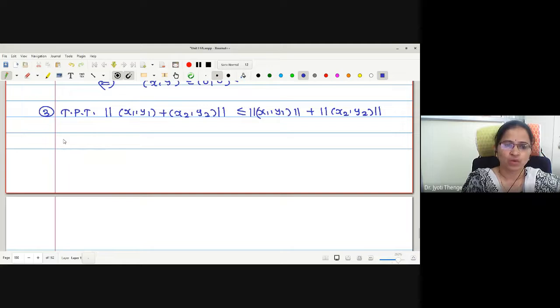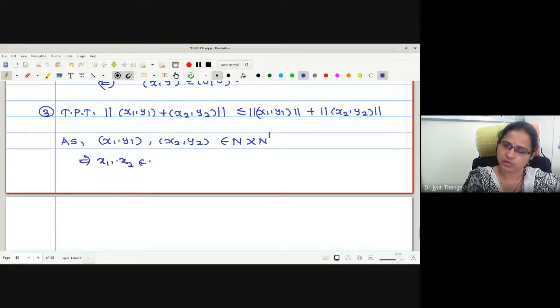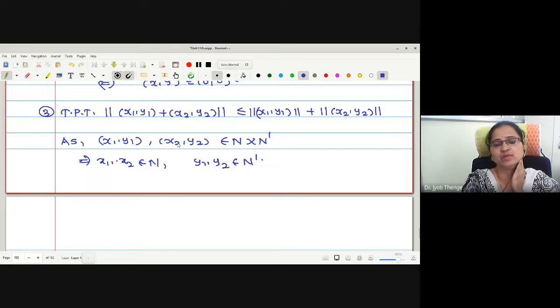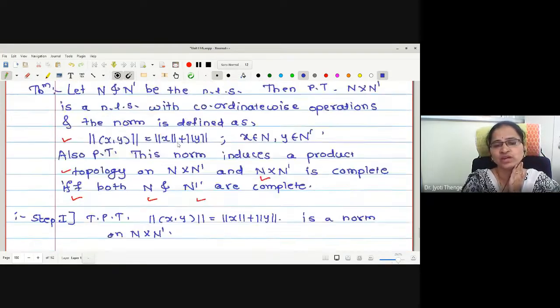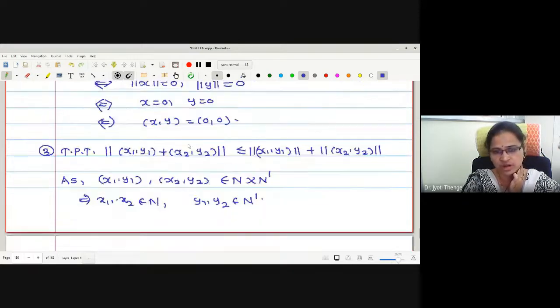As the elements x1, y1 and x2, y2 are elements of N cross N dash, x1, x2 are elements of N and y1, y2 are elements of N dash. Because we have to separate the elements of x and y if we want to use the definition. The norm is taken separately for the elements of N, and separately for the elements of N dash.